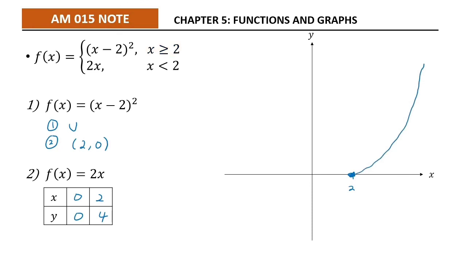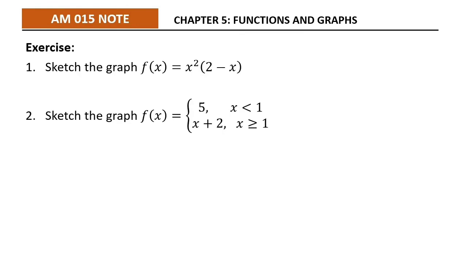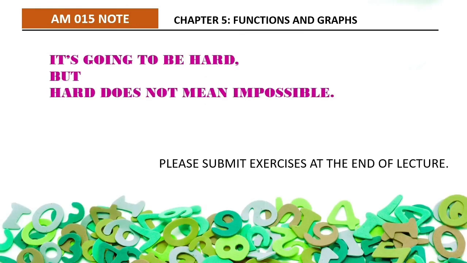And then the second graph, 2x: when x equal to 0, y equal to 0 here, and when x equal to 2, y equal to 4, not included. So connect these 2 points, f(x). And these are your exercises. Please submit the exercises at the end of the lecture.